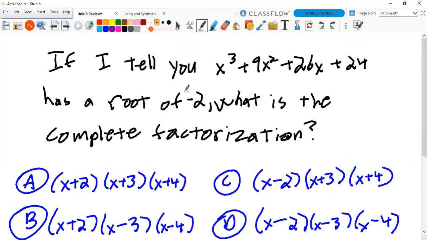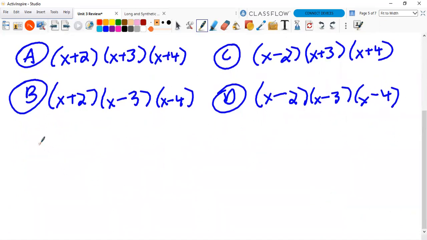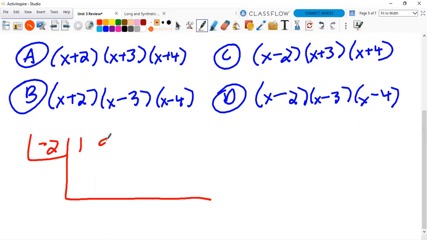All right, this is where we have to remember: if I'm telling you -2 is a root, that means if I plugged it in here, everything would equal 0. It also means I could do synthetic division with -2 and get 0. So I would do synthetic division with -2.